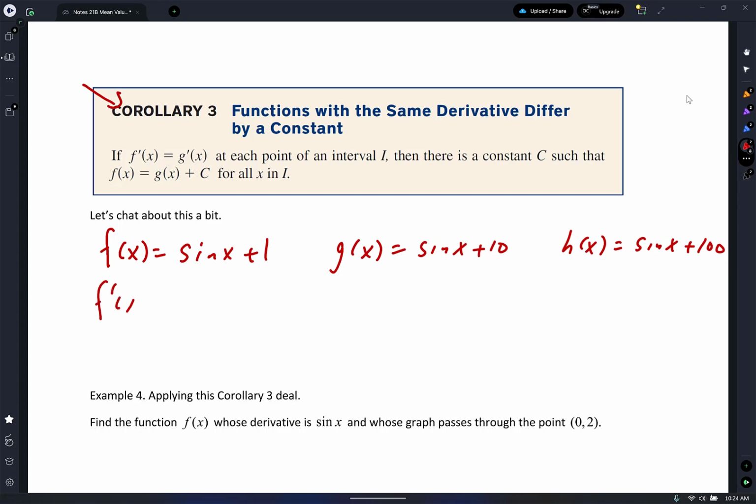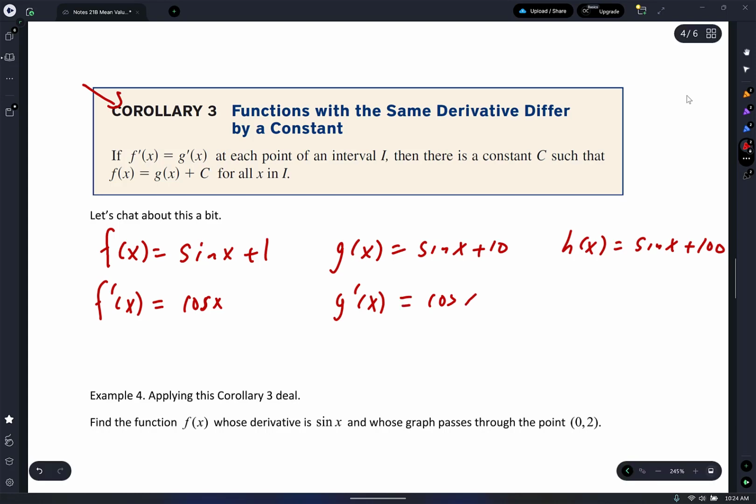What's the derivative of sine x plus 1? Cosine x. What's the derivative of sine x plus 10? Cosine x. What's the derivative of sine x plus 100? Cosine x. Notice that all of them are cosine x.